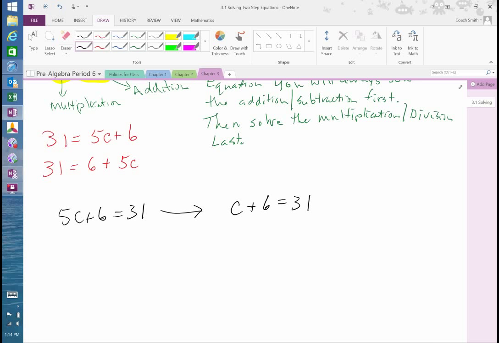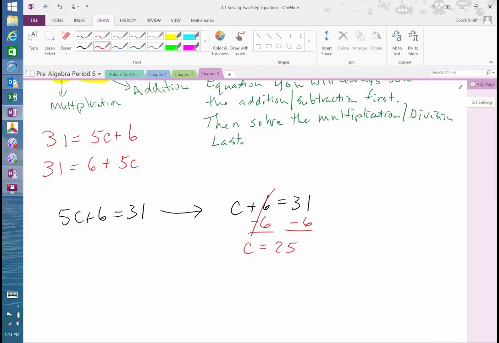We subtract 6 from both sides. Cancels over here, leaving me with c equal what? 25. Now we're not done. That's just the first step.